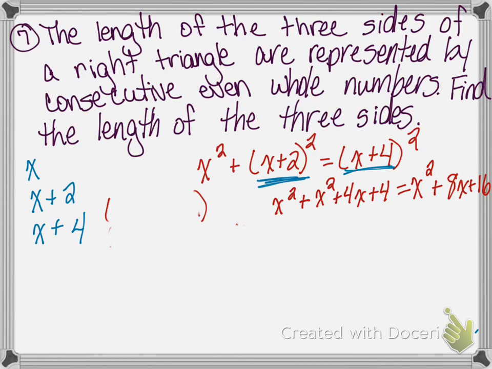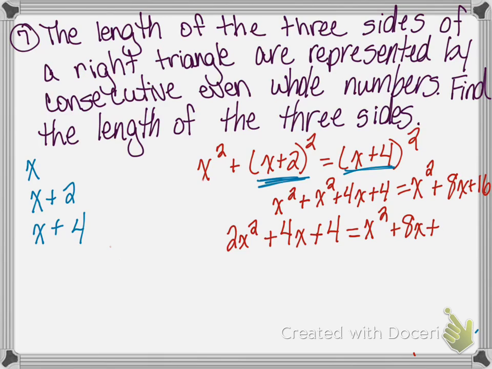Now I've got some like terms. So the first thing I'm going to do is add these like terms. X squared plus x squared gives me 2x squared plus 4x plus 4 equals x squared plus 8x plus 16. So now I've got to subtract everything on the right-hand side.